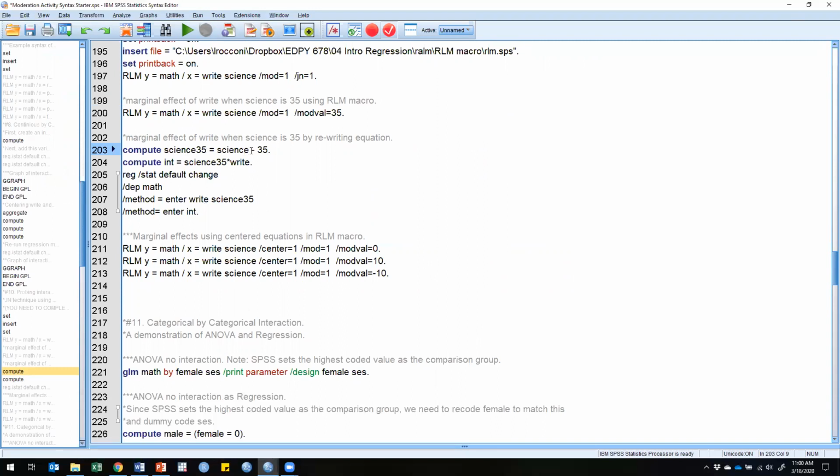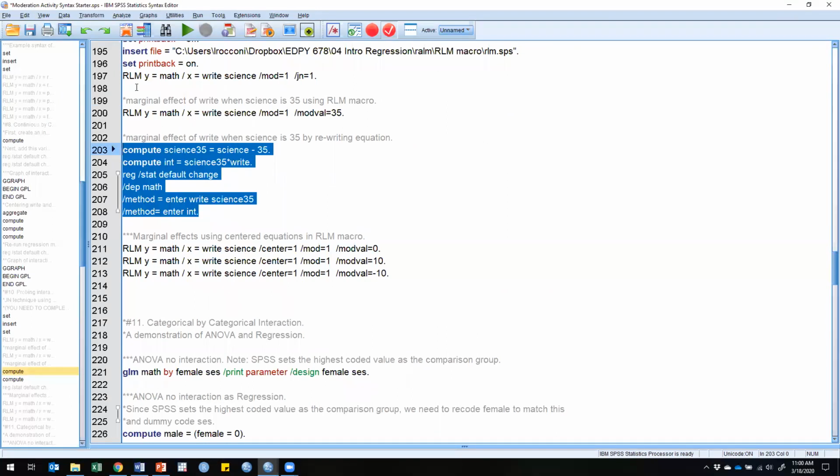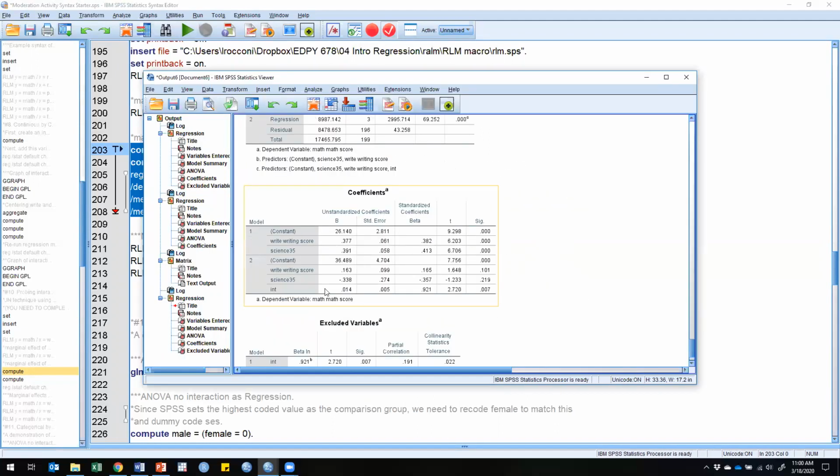So here I'm centering science at 35, computing the interaction with writing, and then I get the conditional effect of writing when science equals 35, which is 0.163, and it's not statistically significant. There's our interaction effect. The value of it didn't change.